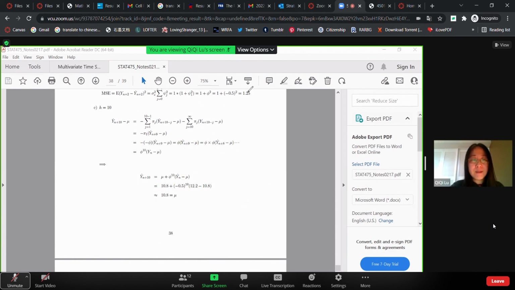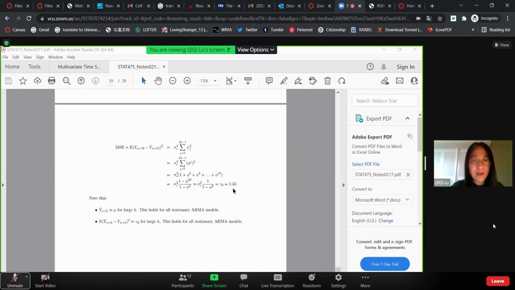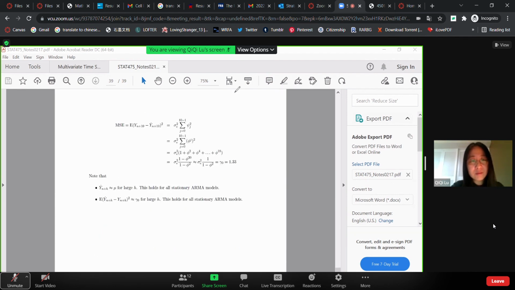Okay. So the mean square error for the 10 step ahead forecast. Definition result for the MSE. So this is h right here, and sigma e squared. So for AR1, psi j is phi power j, squared. And then this sum here is a geometric series.